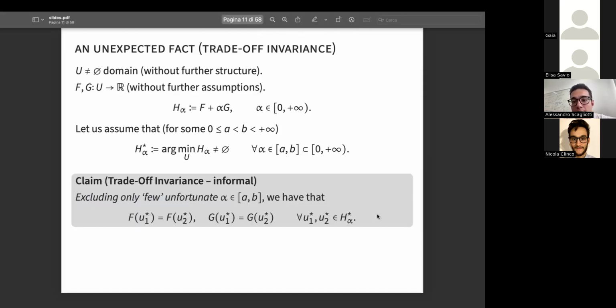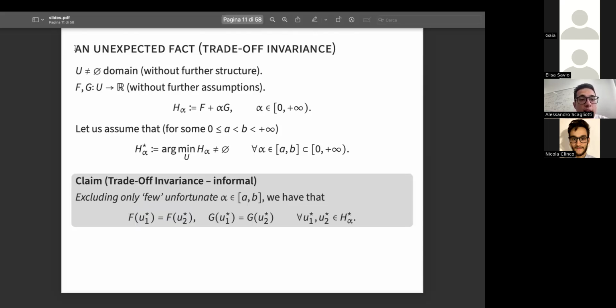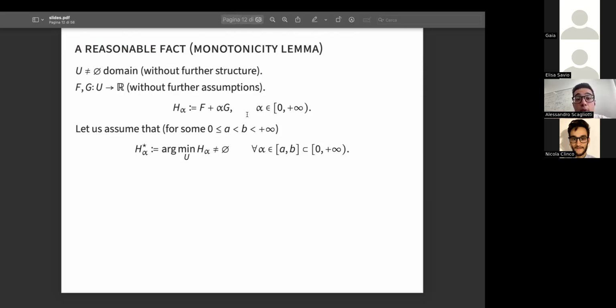Okay, so at least this statement looked a little bit surprising to us, but the way of proving it is first showing a lemma whose statement is, on the other hand, much more reasonable. So in the next slide, only the title is changing: instead of an unexpected fact, now we just have a reasonable fact.